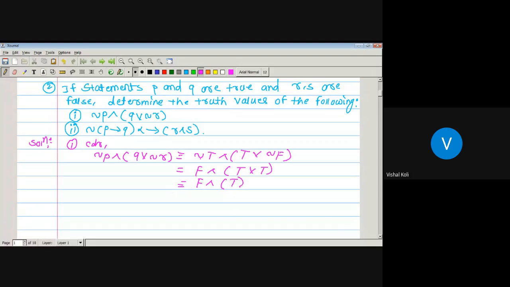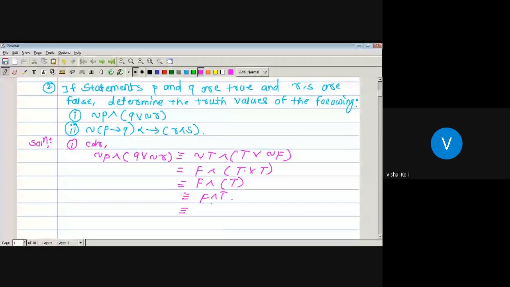Since for or, that is if we have used the connective or for two statements P and Q, then P or Q is false if and only if both P and Q are false. Otherwise it is always true. As here both are true, then it must be true. So it is actually nothing but F and true. And we know that for the connective and, the truth value is true if and only if both the values are true.